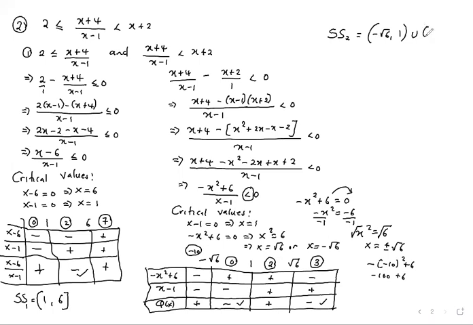And start from root 6 to positive infinity. So to form the whole solution, we get solution set 1 intersection solution set 2. That is from 1 to 6 intersection from negative root 6, comma 1, union.